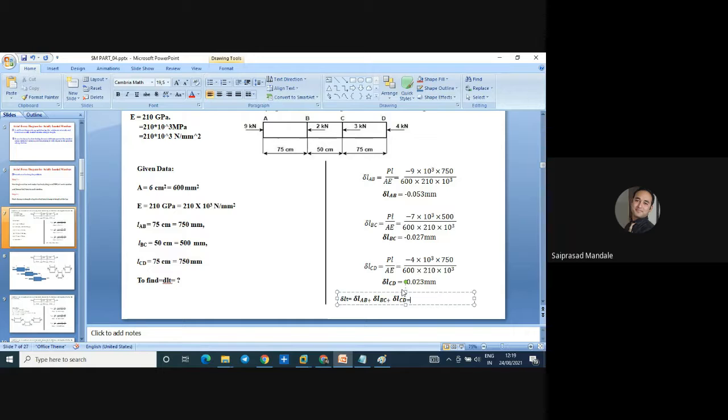How much is it? Tell me. Minus 3 into 10 raised to minus 3. Minus 3 into 10 raised to minus 3 means 0.003 mm.